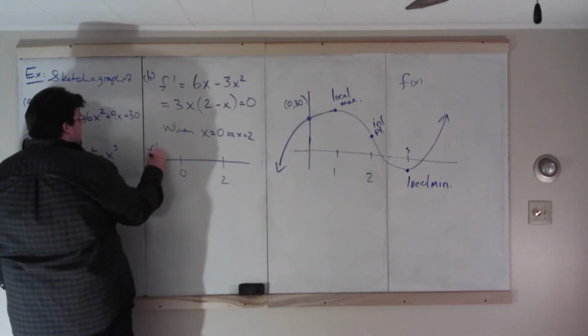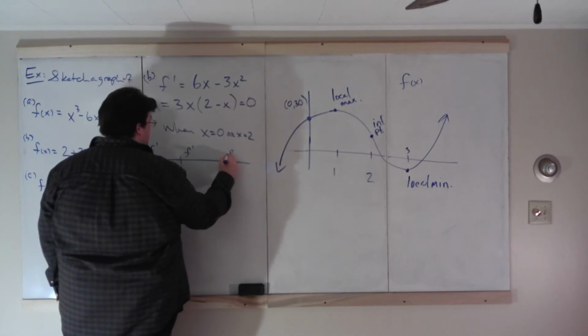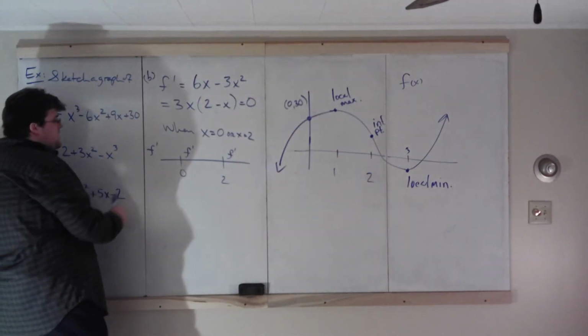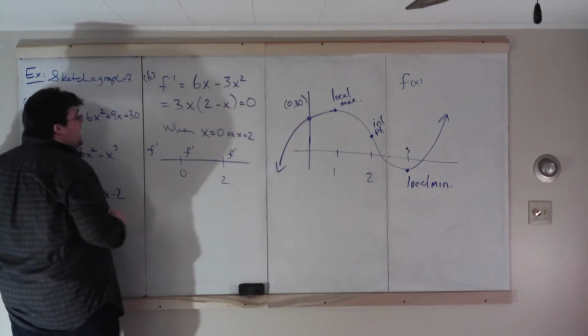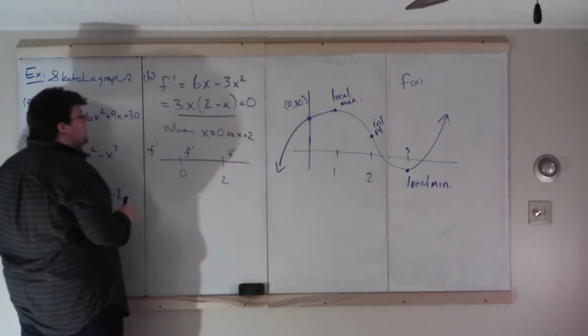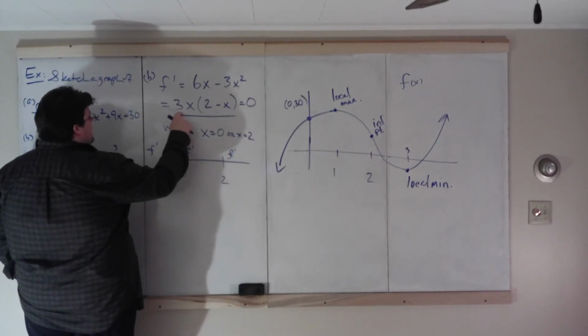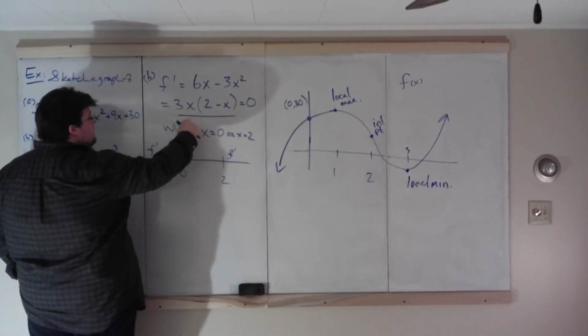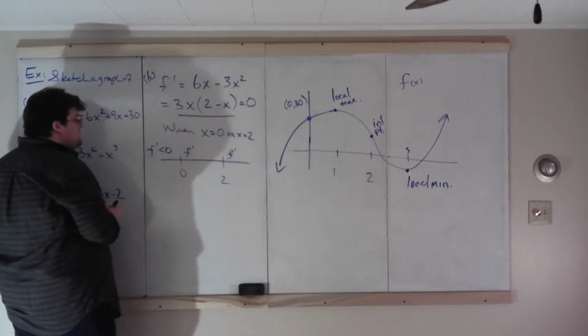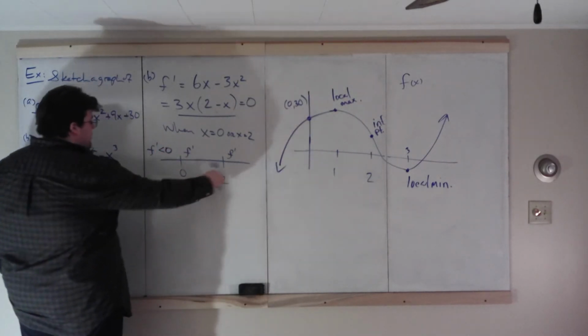And we need the sign of the first derivative on each piece. Well, over here we have to go into negative numbers. Take negative 1. Using the factored form, put negative 1 in. You get 3 times a negative, so negative times a positive, which is negative. Pick a number in here, 0 to 2.